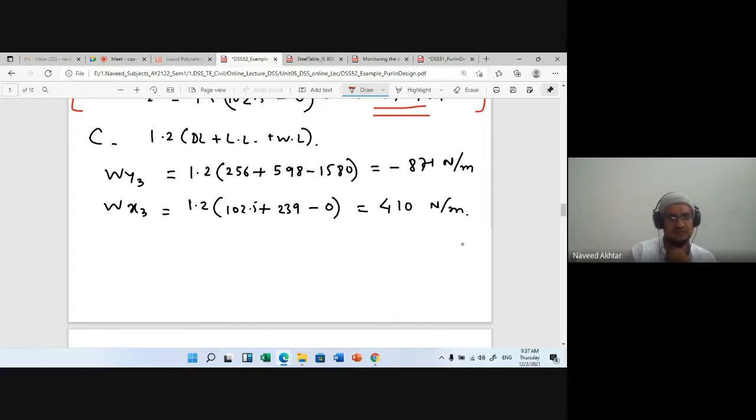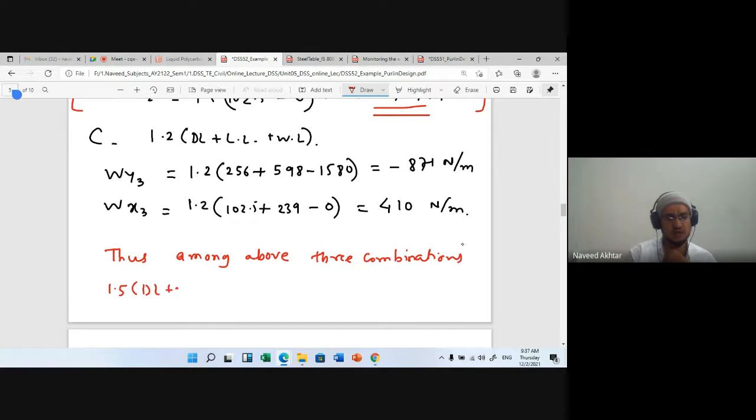Above three combinations of load, you may go for 4, 5, 6 and many combinations, but 1.5 times of dead load plus wind load is the worst, critical combination.